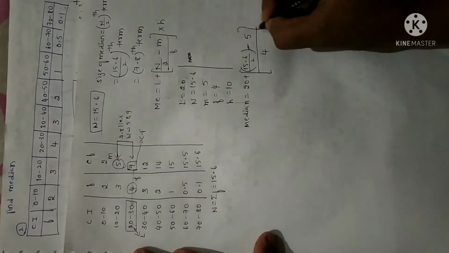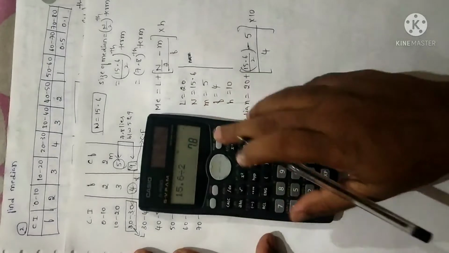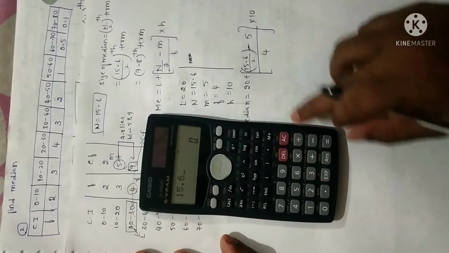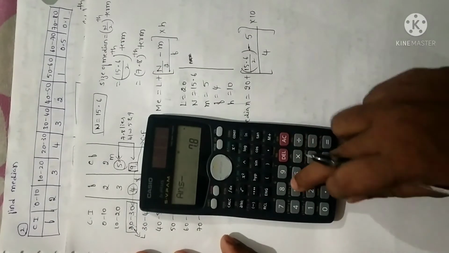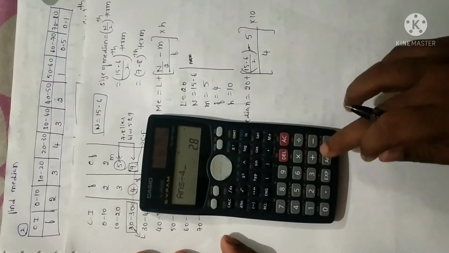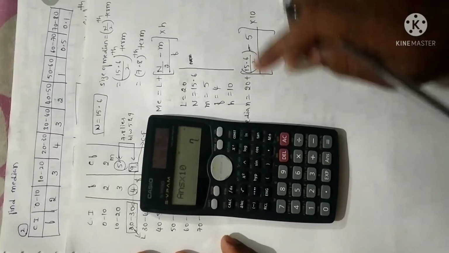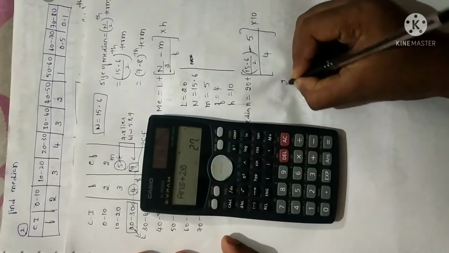Minus 5 into H value 10. Now let me simplify in one shot. 15.6 divided by 2 is 7.8, minus 5, so the numerator is 2.8, divided by 4. So 0.7 into 10 is 7, plus 20. So the required median is 27.